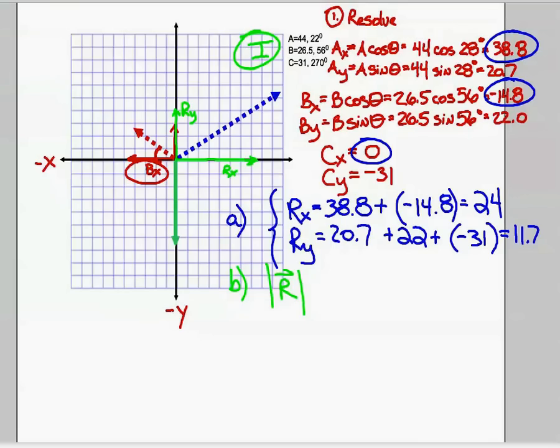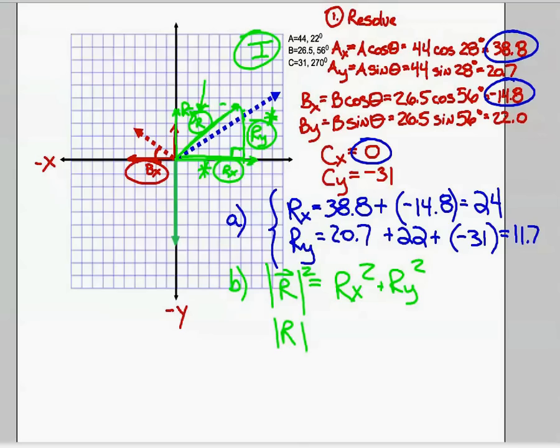So finding the resultant, I'm going to use the Pythagorean theorem. If this is my resultant, the sum of the y and the x pieces, I should pay attention to this right triangle that's created, where the opposite side is Ry, the adjacent side is Rx, and the hypotenuse is R. I'm looking for R, the hypotenuse, where these two pieces are known, so I can use the Pythagorean theorem and say that R squared is equal to Rx squared plus Ry squared.